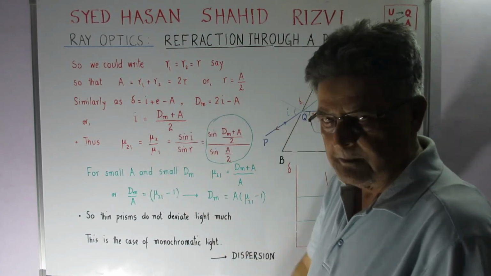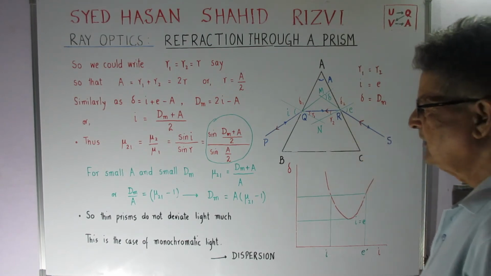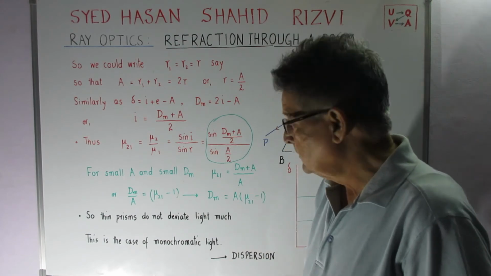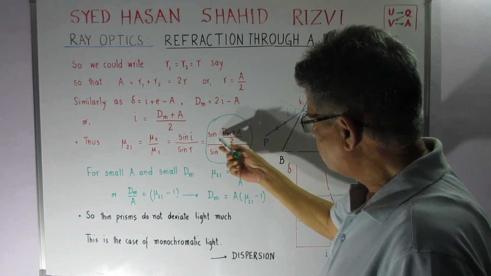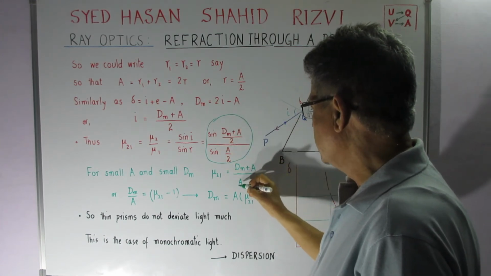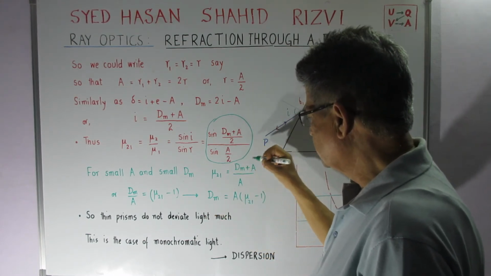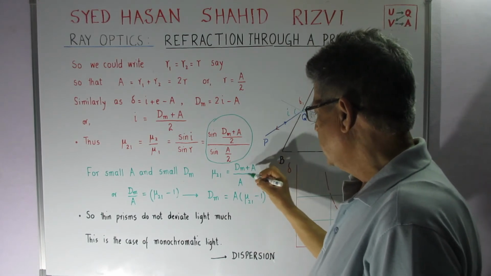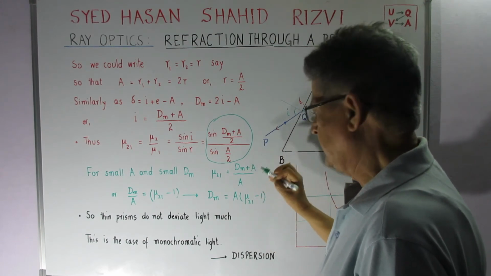For a small A, that is, if we have a very thin prism, there will be a small value of dm, and mu21 can become equal to the sine of (dm plus A) upon 2 divided by A upon 2. Sine of theta is approximately equal to theta. So I get (dm plus A) upon A, which is dm upon A plus 1.